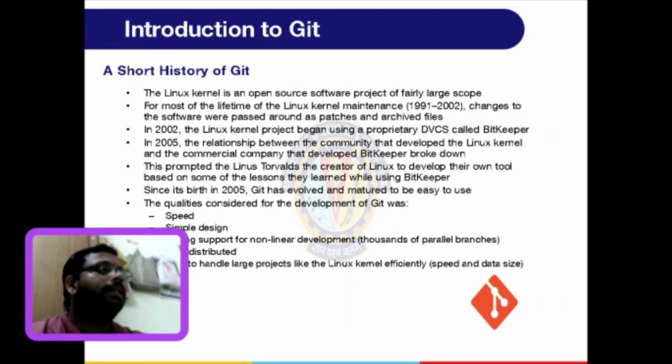The Linux kernel is an open source software project of fairly large scope. For most of the lifetime of the Linux kernel maintenance, 1991 to 2002, changes to the software were passed around as patches and archived files.